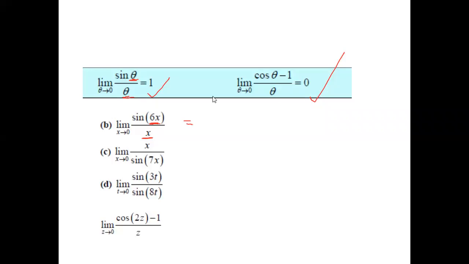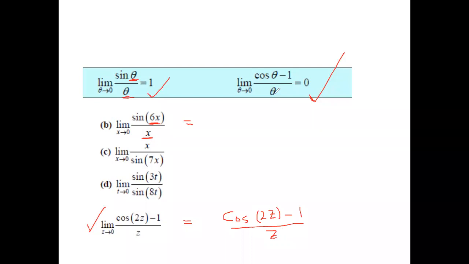So I'm going to take this, which is the last example there, using the second rule here. It's quite similar to the first. In this case, when I want the limit, I have cos 2z minus 1. So theta is 2z here, and the denominator is only z, it is not 2z.